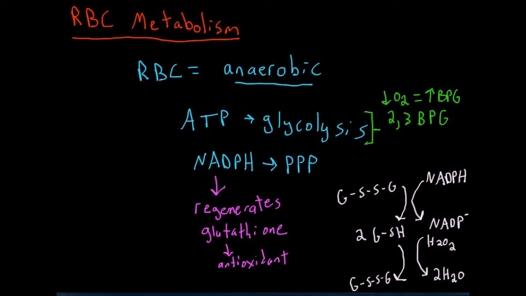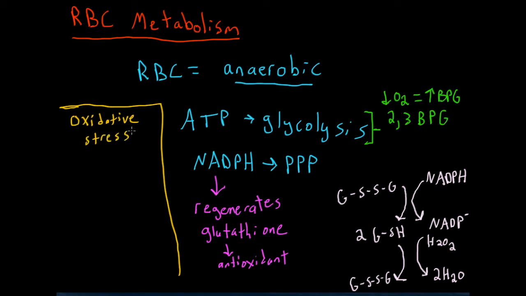So why do we care so much about detoxifying hydrogen peroxide? Well, it turns out that in cases of oxidative stress, when there are a lot of oxidants in our blood, the iron atom within our hemoglobin is going to become oxidized. It'll go from an iron 2+ to an iron 3+.